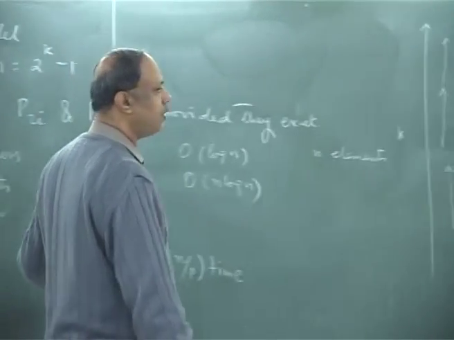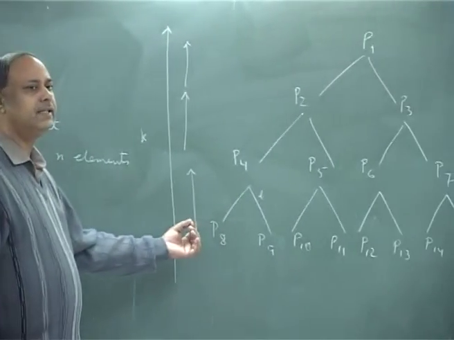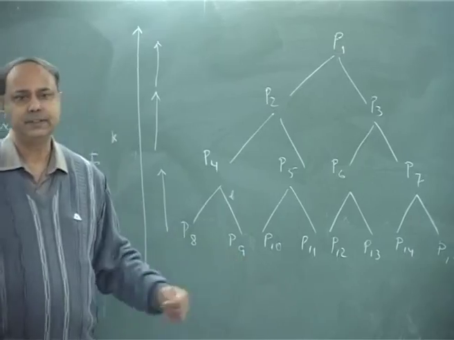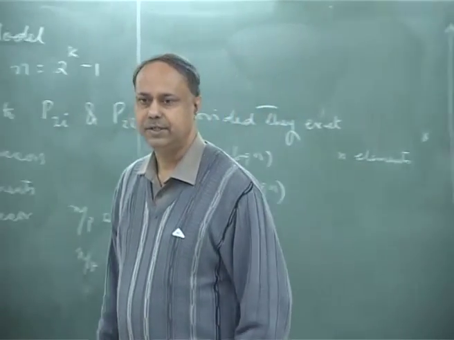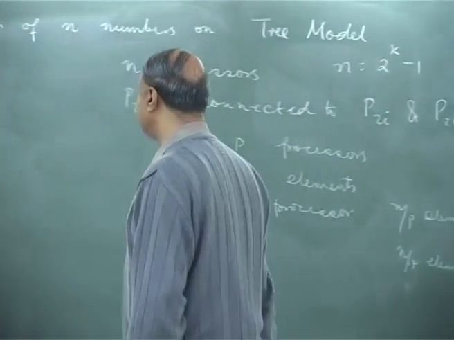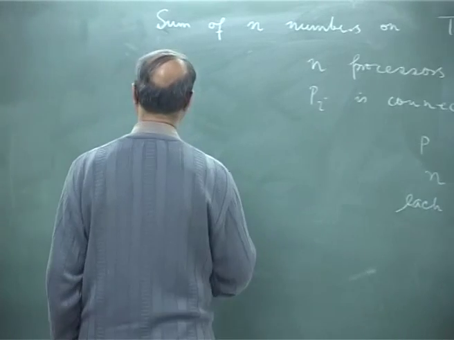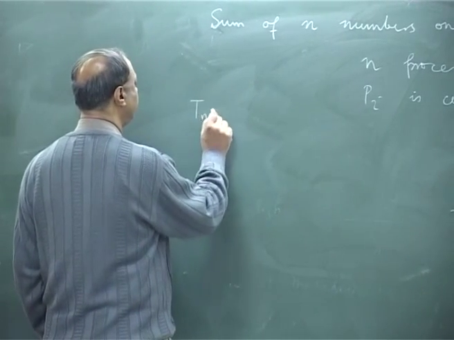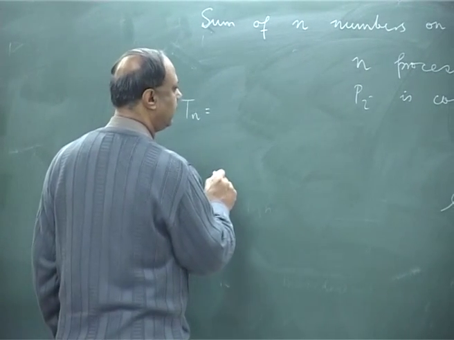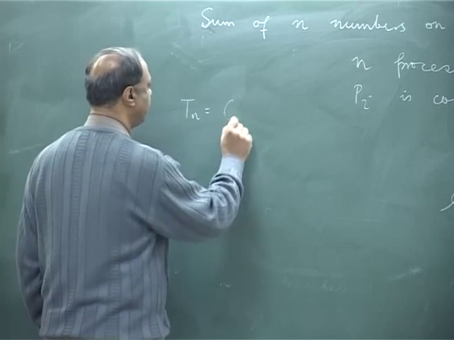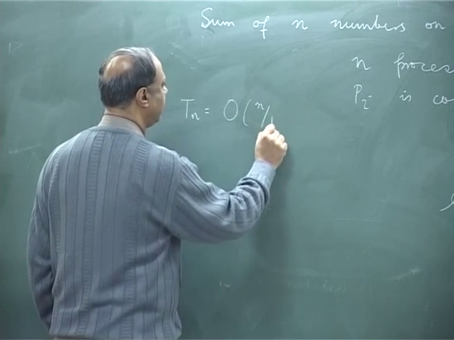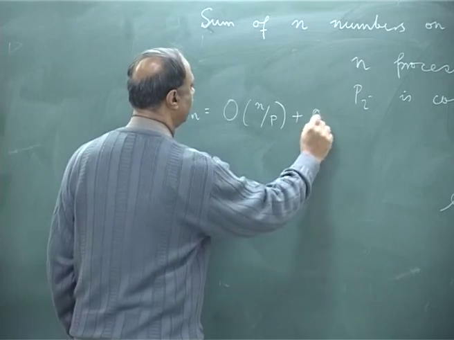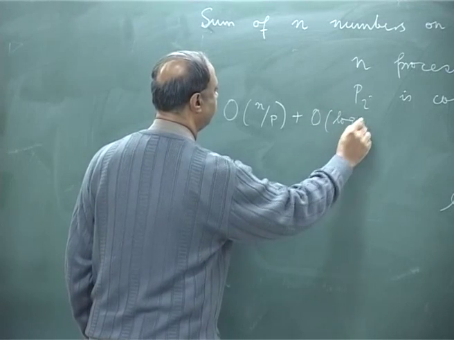Then these p processors are used to find the sum of these p elements on tree model, which takes order log p time. So the total time to find the sum of n elements using p processors becomes order n by p plus order log p.